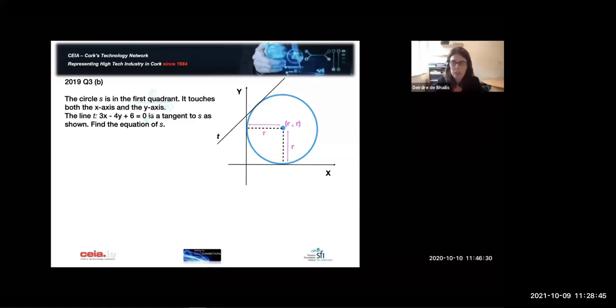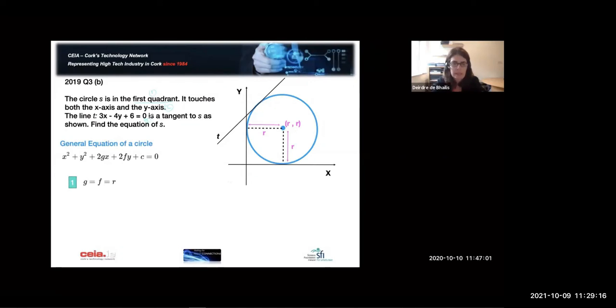As I mentioned there, we know that because it touches both axes, the center point is actually going to be the same as the radius, and both the X and Y coordinates are going to be the same. Again, we get our general equation of a circle, and we know that we're going to need to find G, F, and C if we are to get the equation of this circle. G and F, of course, is the center of our circle.